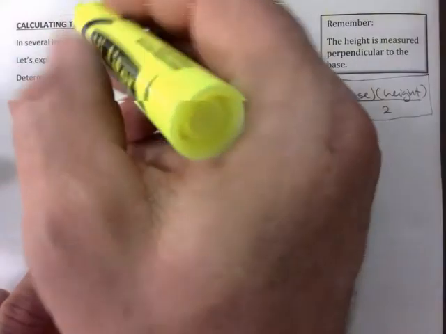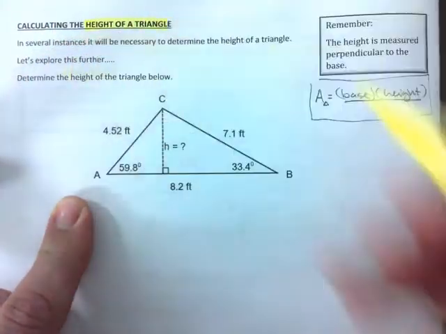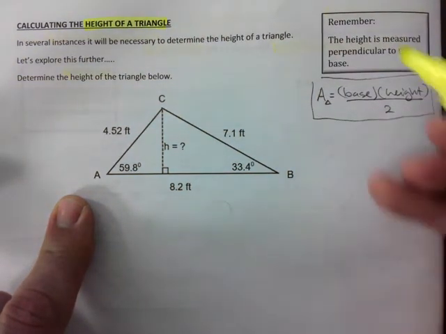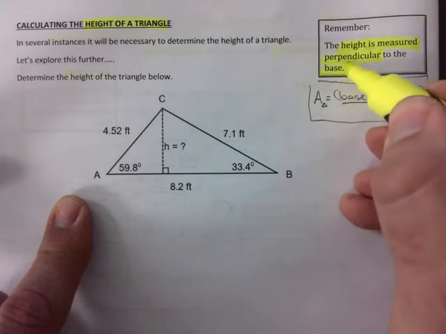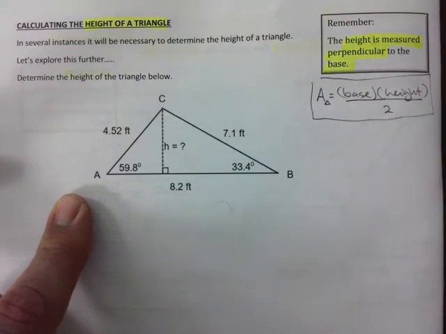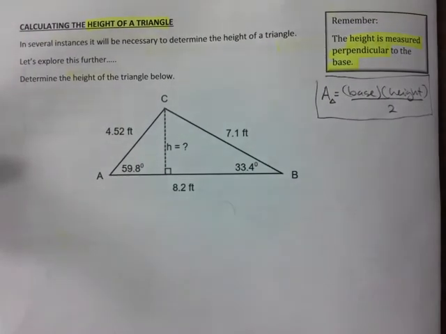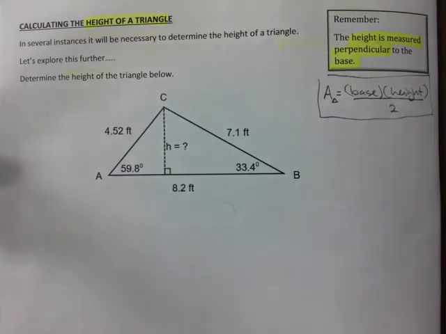So I will say height of a triangle. And remember that the height is always measured perpendicular to the base. So wherever you see a straight line and the height meeting it, there should be a 90-degree angle there.